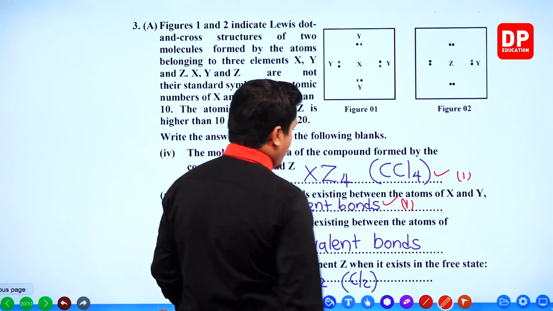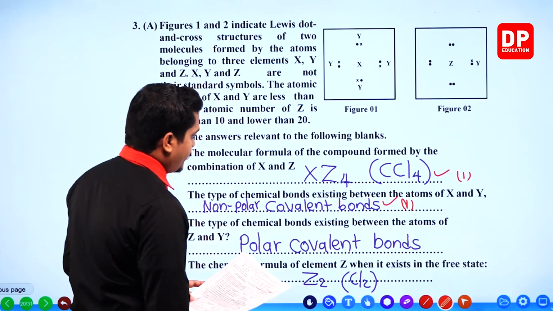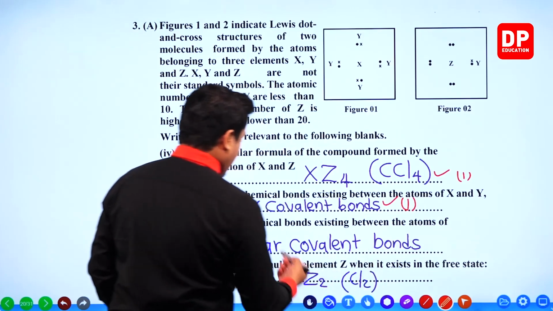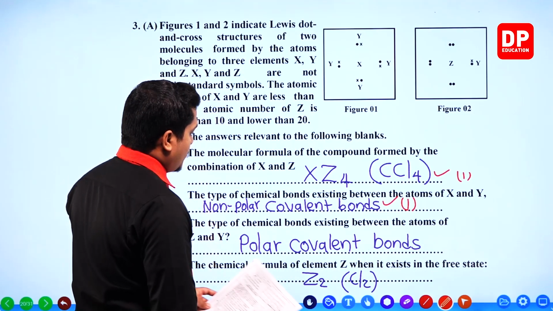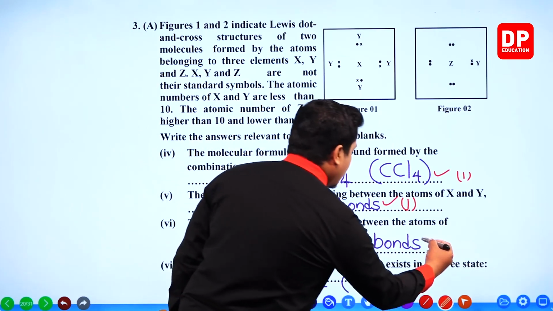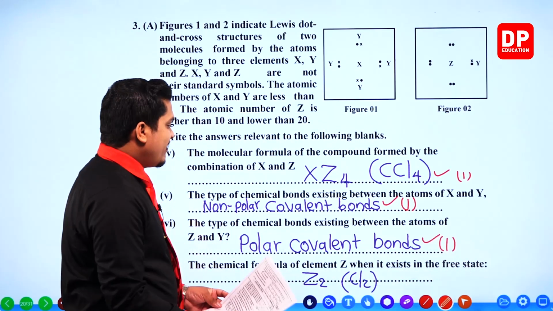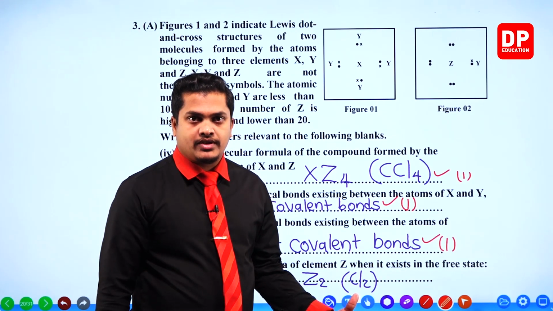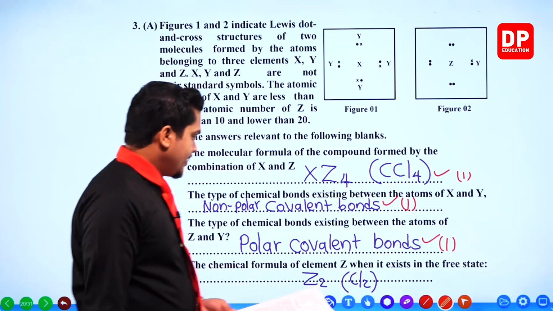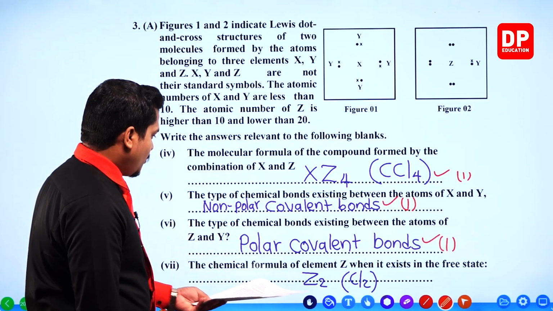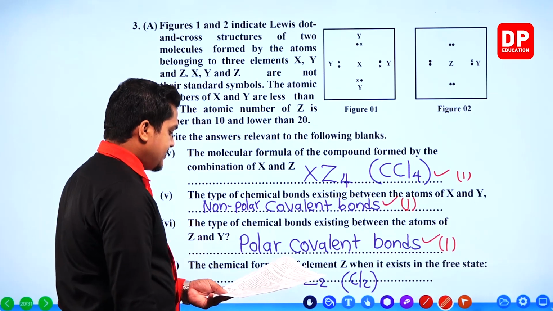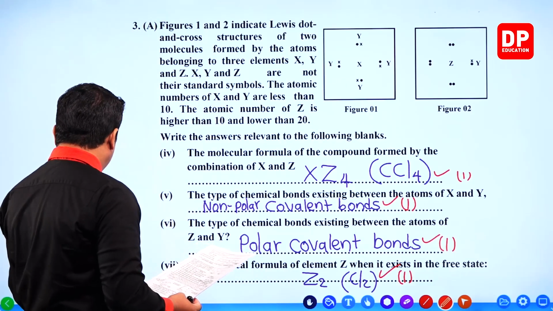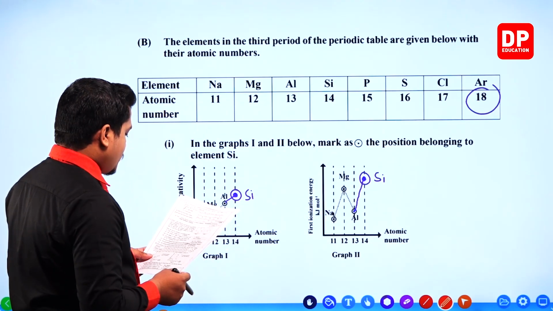So here, 1 mark for the non-polar covalent bond, right? 1 mark. Then for the type of chemical bonds, in the second one, polar covalent bonds, again 1 mark. If you have mentioned only covalent bond, then also you will be given marks, no issues at all. Okay, they have mentioned it. Next one. For mentioning the chemical formula Z2 or else Cl2, again 1 mark. Next one.